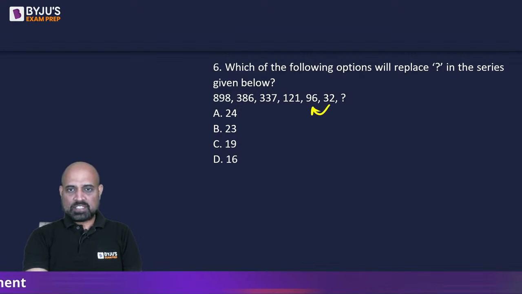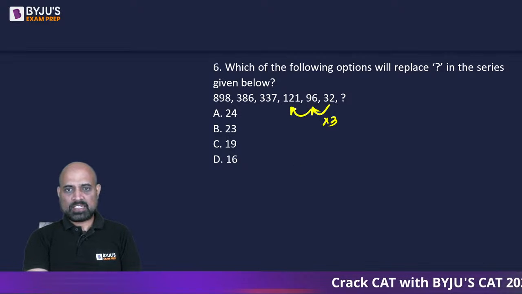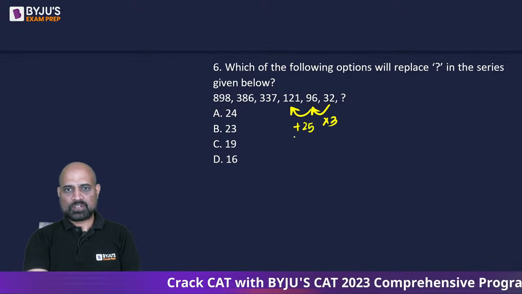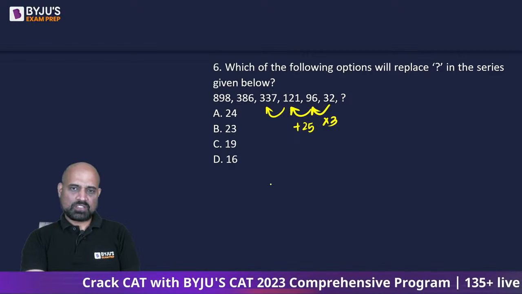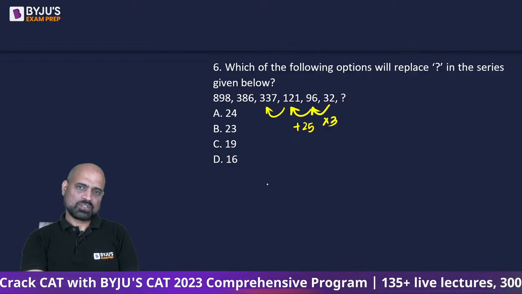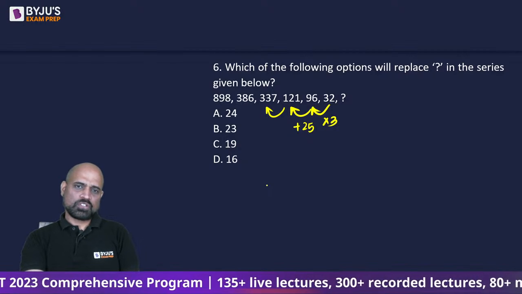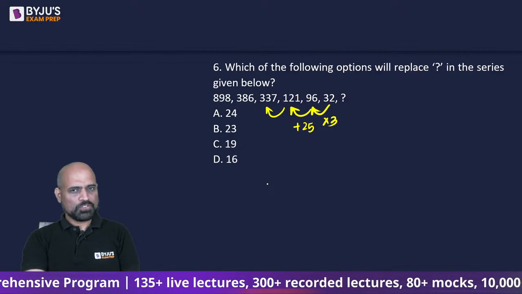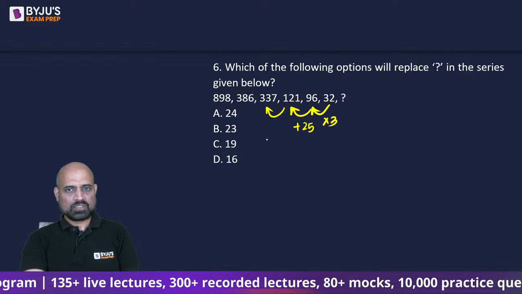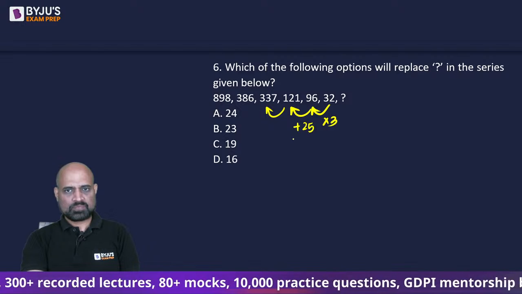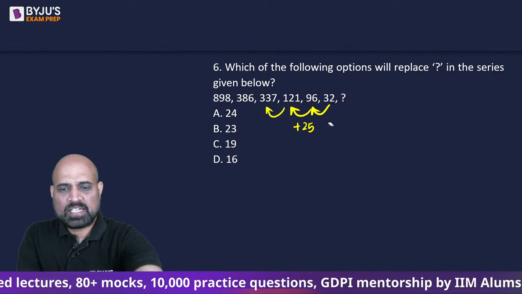From here, can we say this is 3 times? And 96 to 121, this is actually an addition of 25. How many times is this? Is this 3 times? No, this is not 3 times. Is it 2.5 times? Let's see.